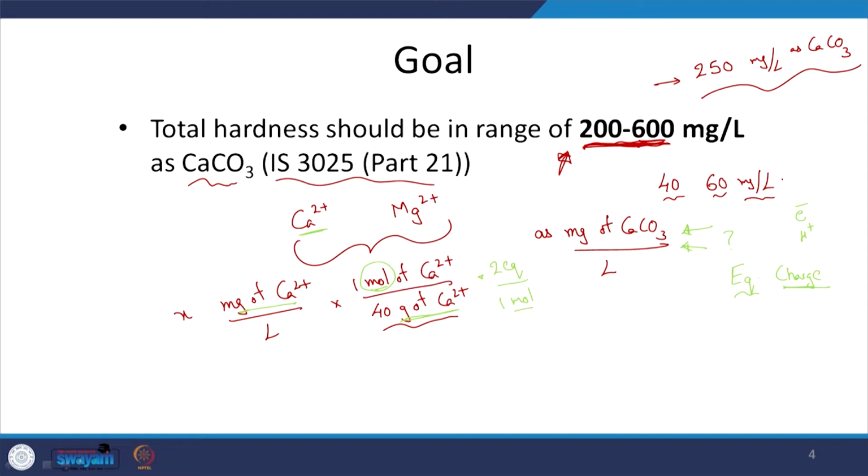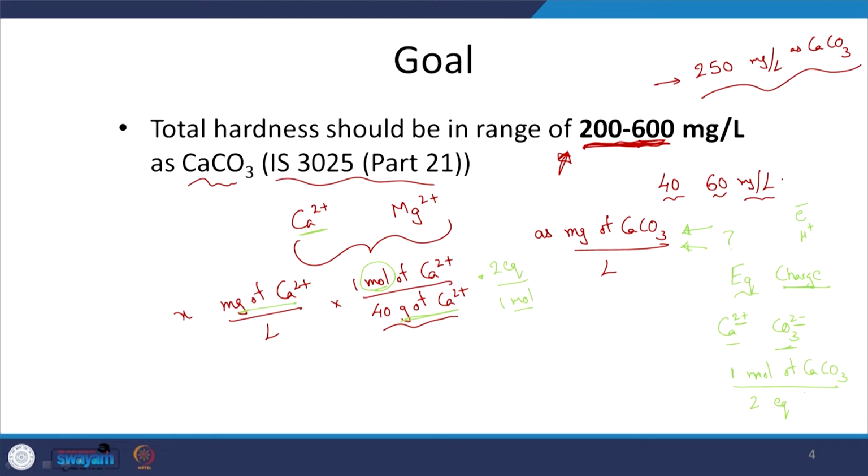Here the aspect to note is that when I add CaCO3 to water, it will become either Ca2 plus or CO3 2 minus. If I am concerned with positive charge, again 2 equivalents. If I am concerned with negative charge, again 2 equivalents. So, even here, for 1 mole of CaCO3, 2 equivalents will be given out.